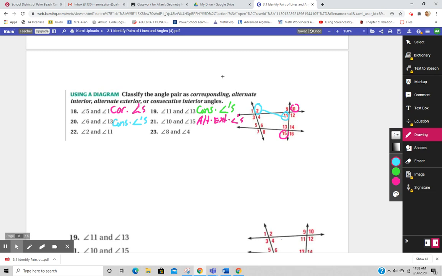That makes them alternate interior angles. Okay, 23. 8 and 4. That's this angle and this angle right here. They're below the lines on the same side of the transversal. They are corresponding angles.